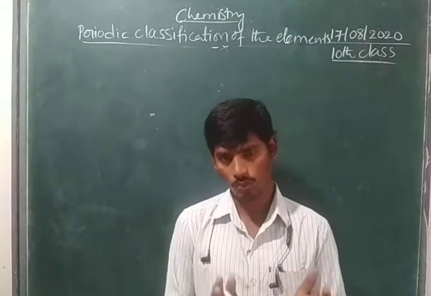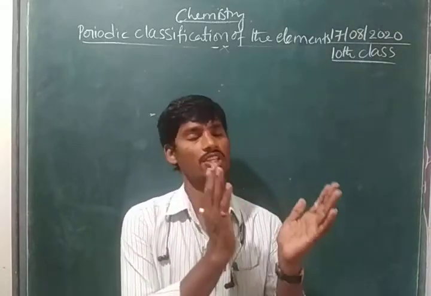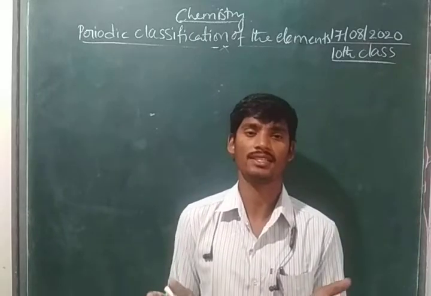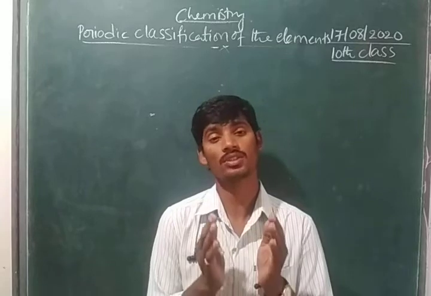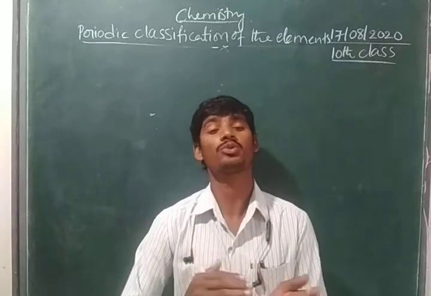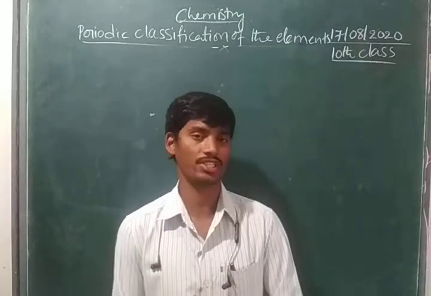See here, suppose the valency electrons come closer to the nucleus, in between valency and inner electrons there are repulsions. Those inner electrons will repel each other.